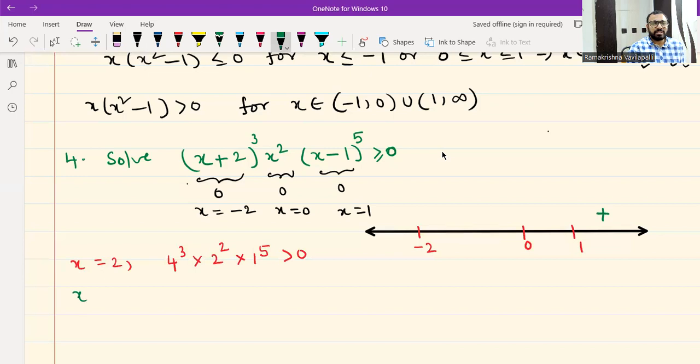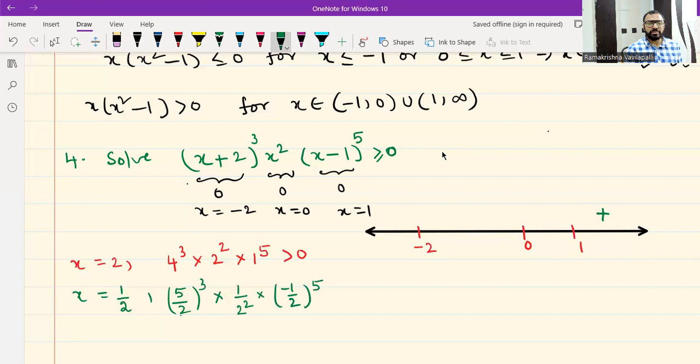For x, you take any number between 0 and 1. Let us take 1 by 2. Substitute 1 by 2 in the given expression: 5 by 2 whole cube. Once again, we do not bother about the value of the expression, only the sign. Into 1 by 2 square into -1 by 2 whole to the power of 5.